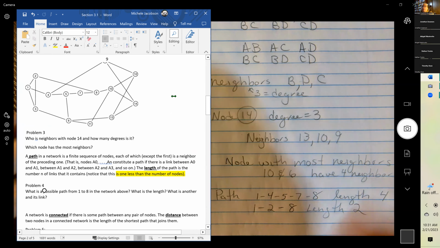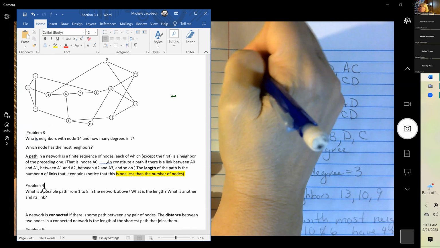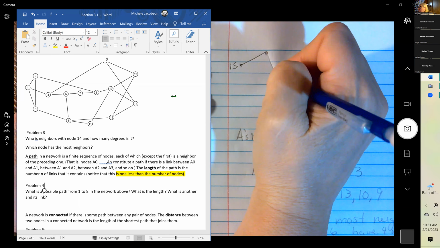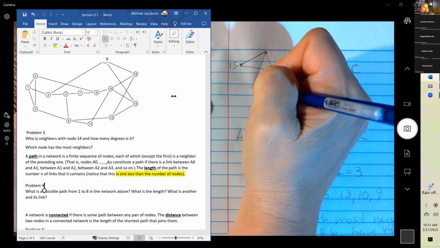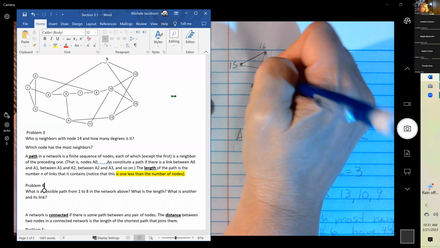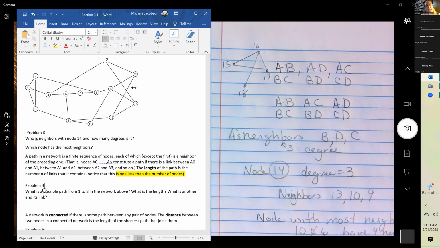Or if these two groups were not connected, then this would not be connected.